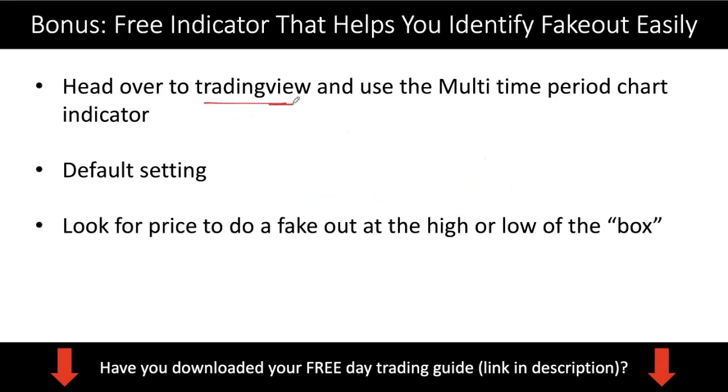What you want to do is install this indicator called the multi-time period chart indicator. You want to use the default setting, and then look for price to do a fake out of the high or low of the box. If you do not know what I'm talking about, not to worry, because right now I'm going to switch over to TradingView to show you how to do it.